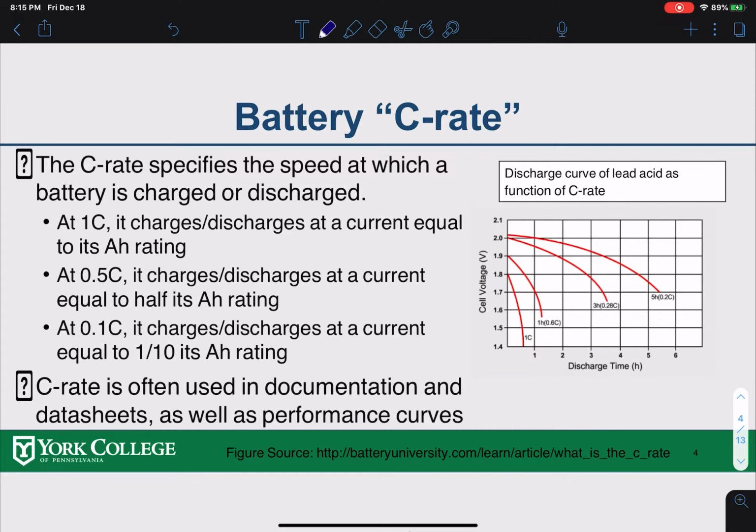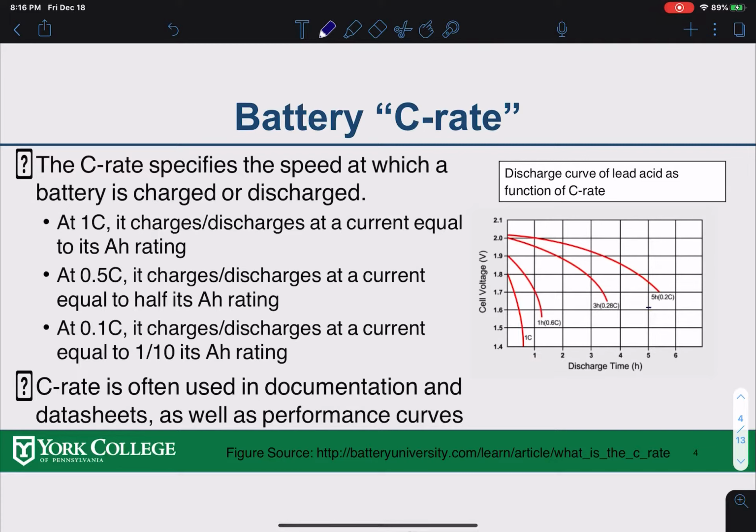So there's something called C rate for battery. It is basically the rate of discharging or charging. If you discharge at the C rate, it's going to last an hour. If you discharge slower than C rate, it's going to last longer.